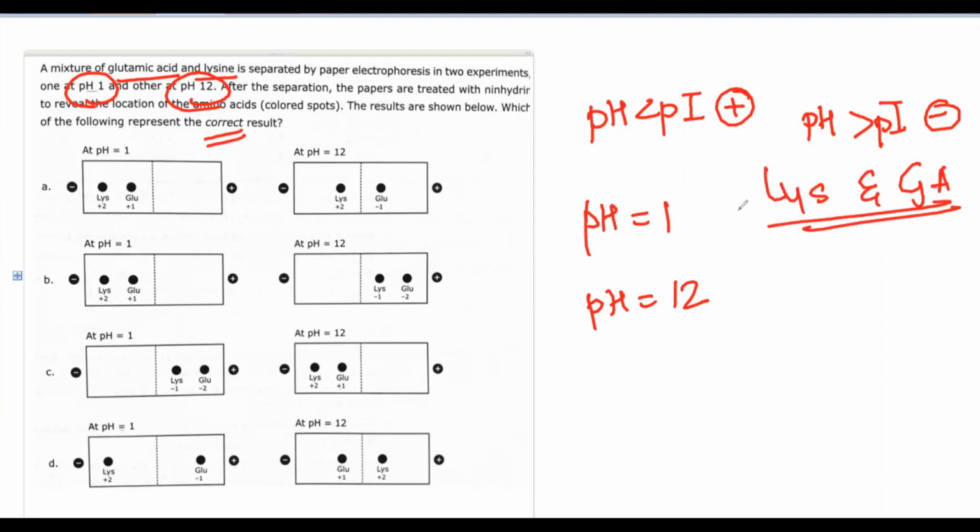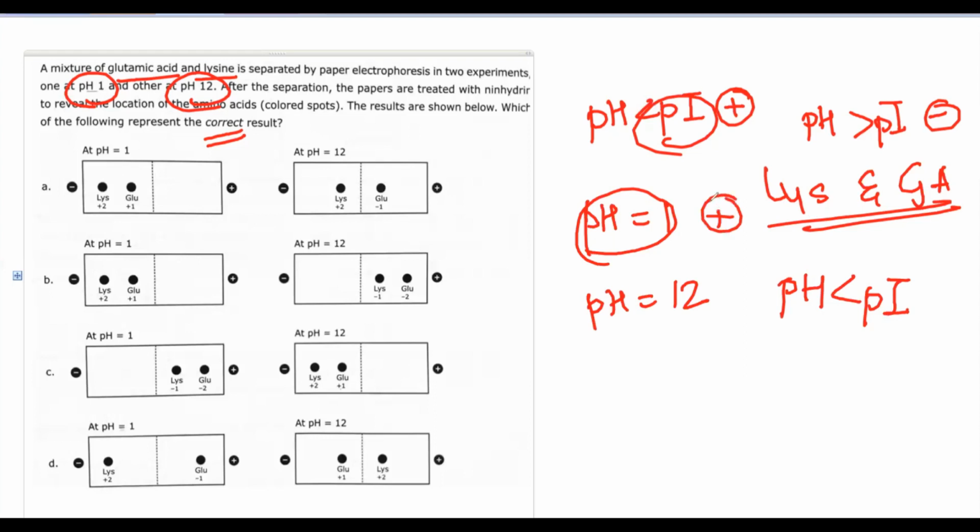Now, it is very clear that in this case, the pH is 1. That is, definitely the pI is going to be greater than the pH, correct? Because the isoelectric point of an amino acid is not this low. It is definitely higher than 2. So this is the case where the pH will be lesser than pI. So if that is the condition, then our amino acid is positively charged.